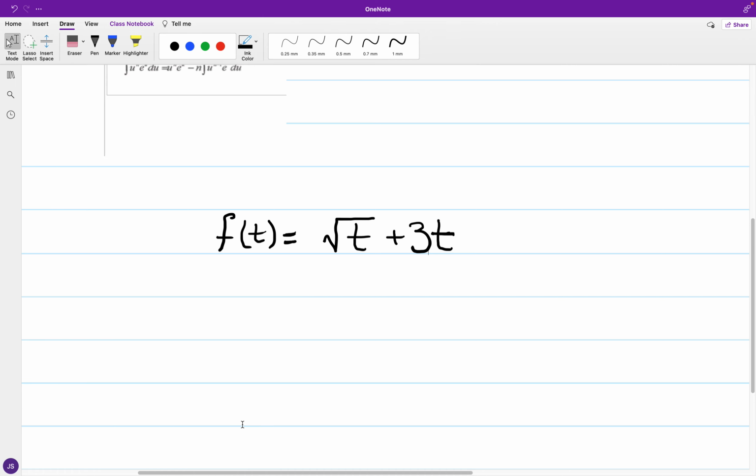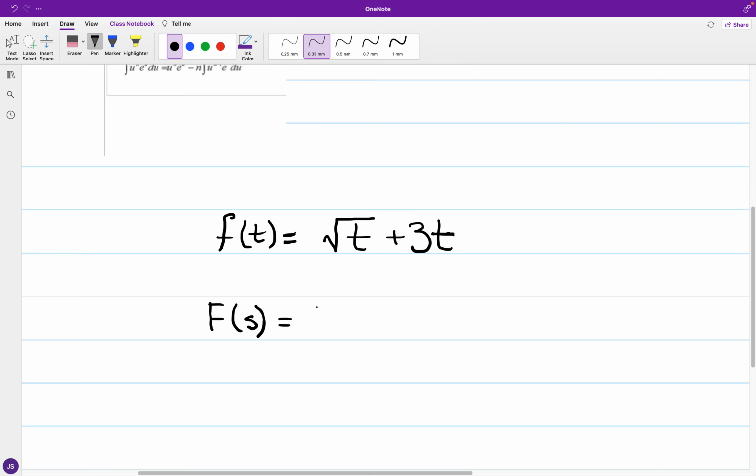Okay, now we have f of t equal to the square root of t plus 3t. If we look for the Laplace transform of this function, F of s, we can itemize.